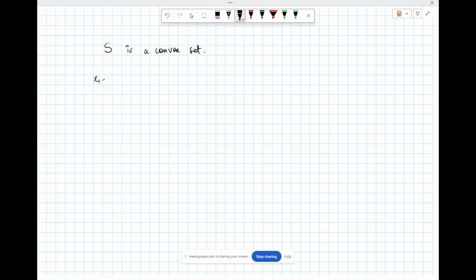So S is convex if for all x1, x2 in S, lambda x1 plus (1 minus lambda) x2 is also in S, where lambda is in 0 to 1. If it satisfies this property, then it is a convex set.